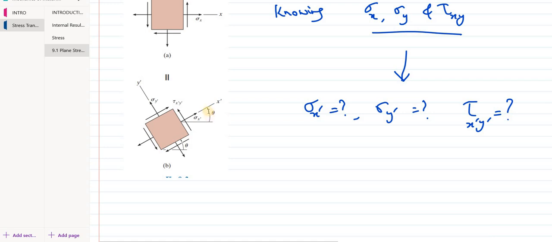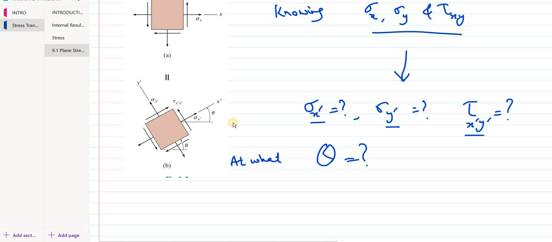So this theta angle, which is the angle of x prime with respect to the x axis, is what we need to know: at what theta the new coordinate system is oriented. You need to know at what theta you are talking about these stresses, because for each angle you will have a different set of x prime, y prime axes, and the answers will be different.